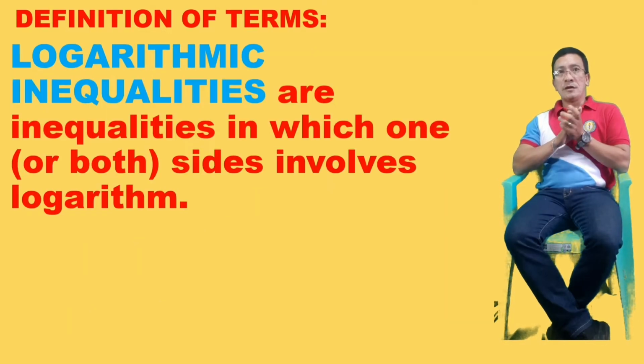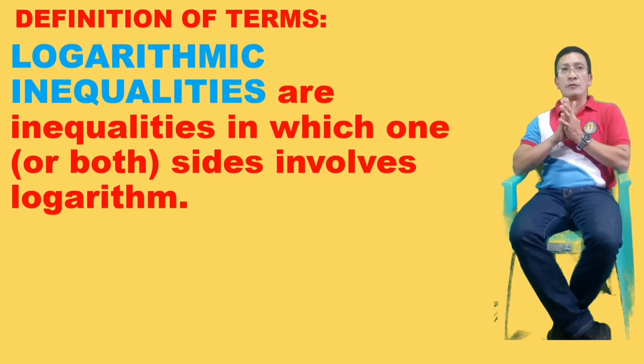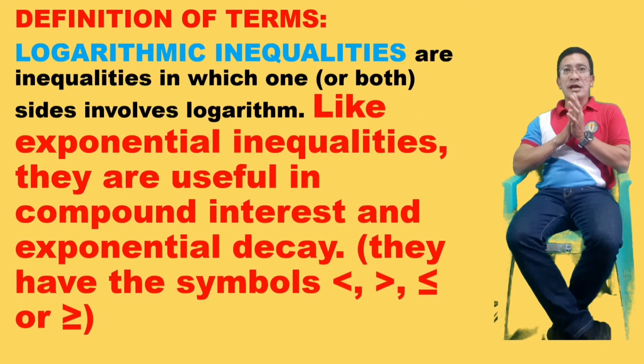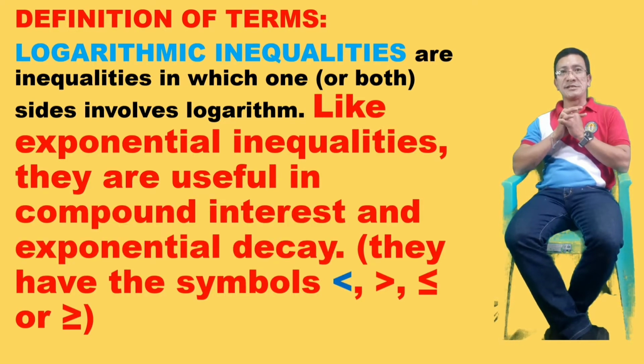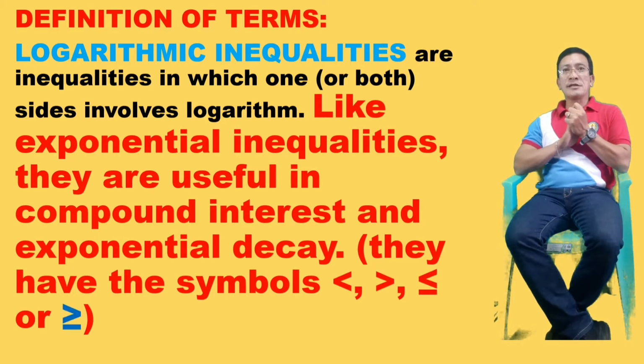To continue, logarithmic inequalities are inequalities in which one or both sides involve a logarithm. Like exponential inequalities, they are also useful in compound interest and exponential decay. They have the symbols less than, greater than, less than or equal to, or greater than or equal to.